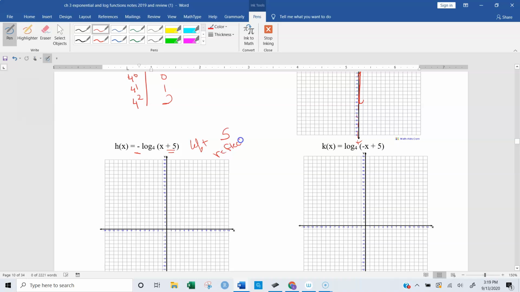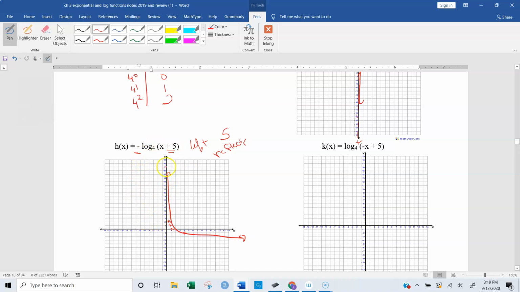So this is left 5, and it reflects. Since the negative is on the outside, it's going to reflect over the x-axis. So you're going to take all your points and multiply them by a negative. 4 becomes negative 1, and then 16 would be negative 2. Okay, there's your reflection. Now I have to take all those points and move them left 5.